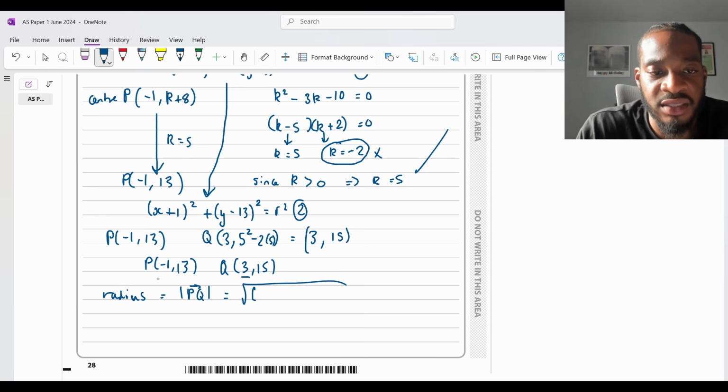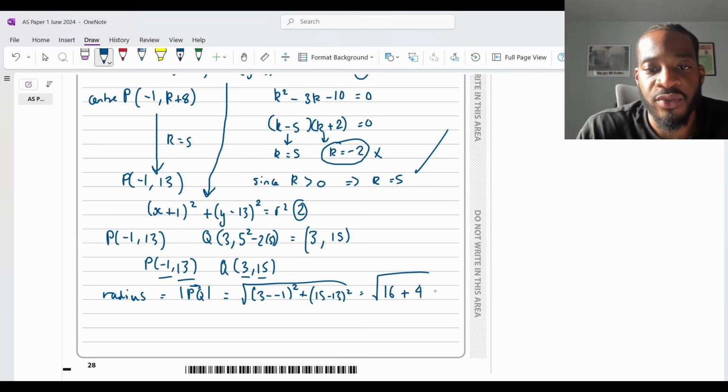So I'll do this one minus that one, and then that one minus that one. So it's going to be 3 minus minus 1 all squared plus 15 minus 13 all squared, which is equal to 3 minus minus 1 is a 4. 4 squared is 16. And then plus, 15 take away 13 is 2. 2 squared is 4.